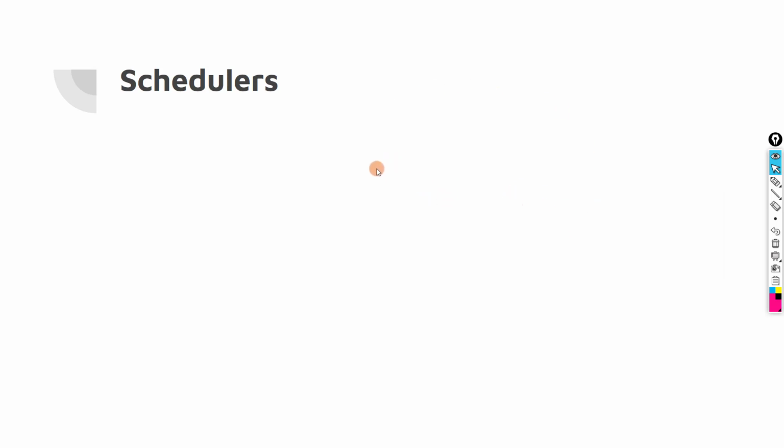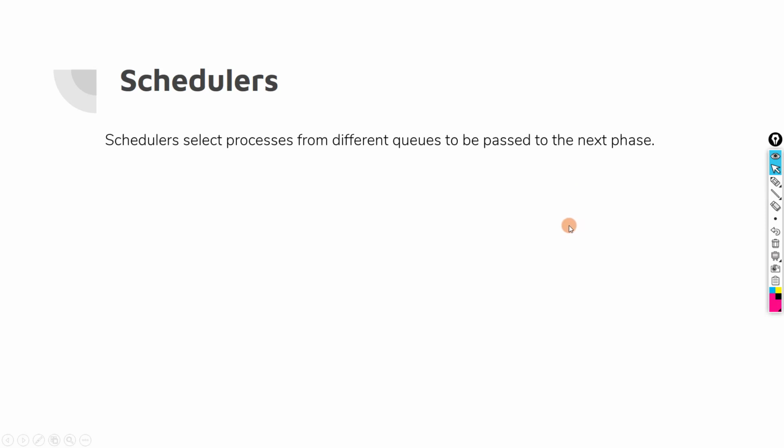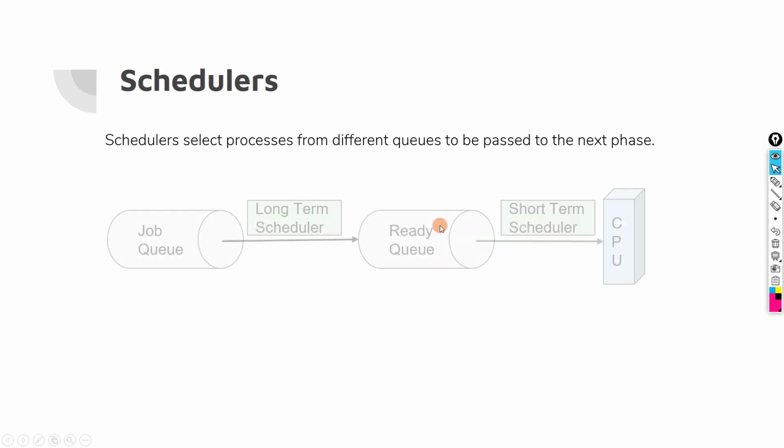So to make the schedule, or to decide which process will come first and which process will come later, there are many schedulers in the operating system. These schedulers actually make the schedule of the operating system. So what kind of schedulers are available in the operating system?